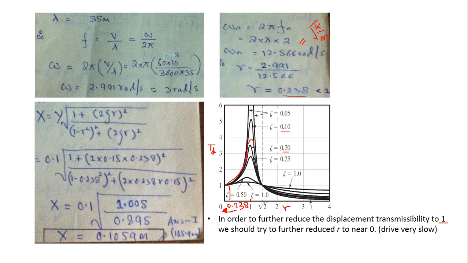On the other hand, if we increase the value of r, we can even reduce the displacement transmissibility below 1. In this region, you can notice, if we increase the value of r, the displacement transmissibility can go lower than 1.